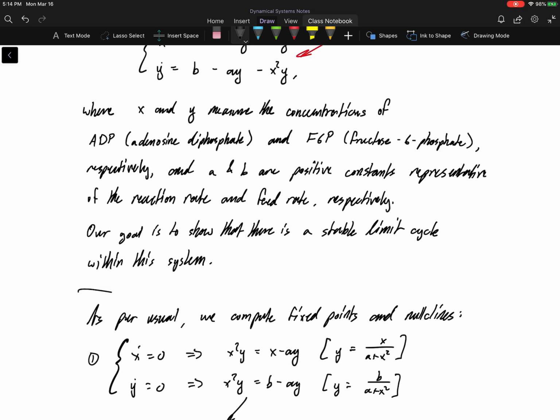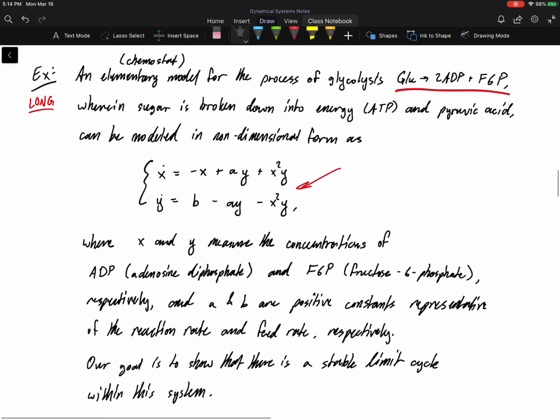Our goal now is to show that there is a stable limit cycle within this system. Usually glycolysis and most chemical reactions want to be asymptotically stable toward a stoichiometric ratio, so that we eventually get to a nice equilibrium in how much of each of these components winds up, or how much of each component we should see in a long-time reaction.